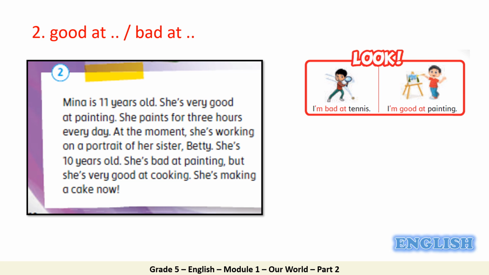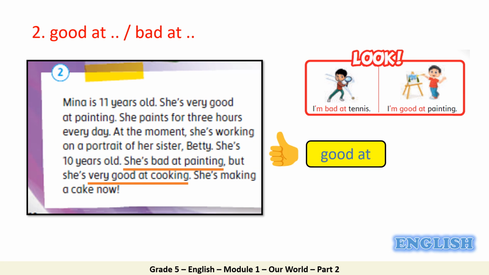Let's move to another topic. Again, this is the same paragraph in your student book, but this time we will look at these two sentences. What do you see? Is there anything in common between the two sentences? Anything looks the same? Good. They both have ing, but this time the key words are good at and bad at.